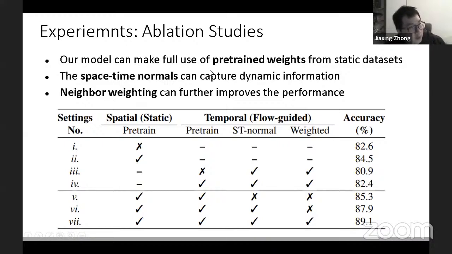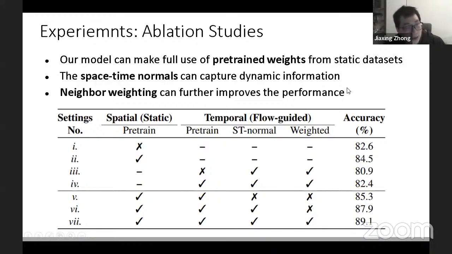In the ablation studies, we try to prove three aspects. One is that we actually benefit from the pre-trained weights of these static models.